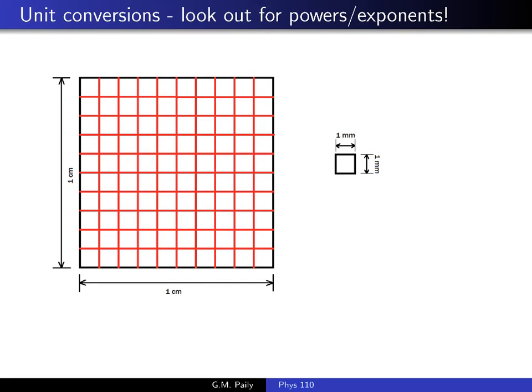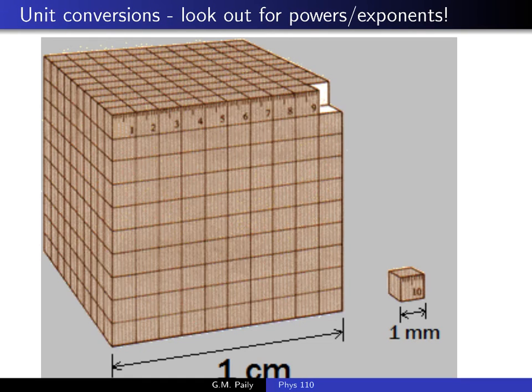So when dealing with powers of units or exponents, for example, centimeter squared per second or meter cubed, stuff like that, whenever you have a unit raised to some power, always look out for the conversion factors. Remember that you will need multiple powers of the conversion factors as well.